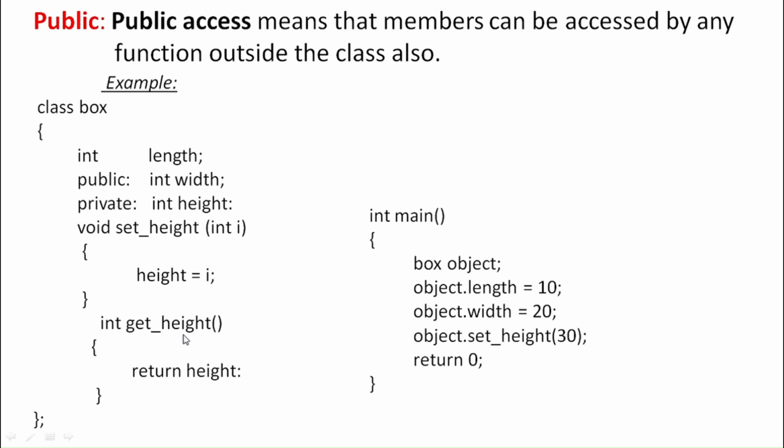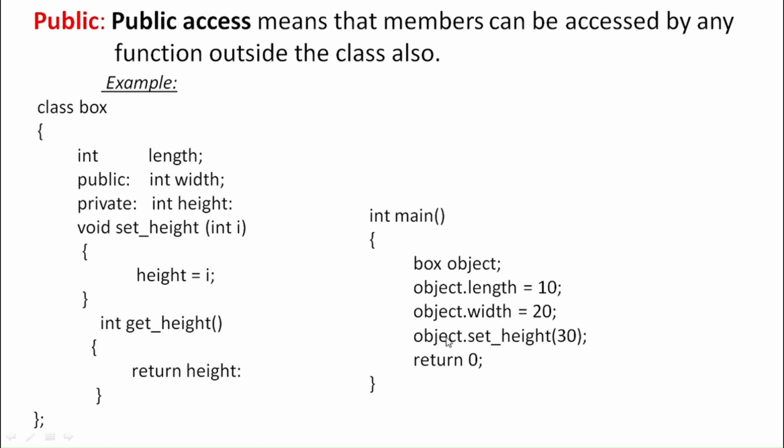Now observe how we access the public and private members. Here we have box, which is the class name, and an object called object. We will see what this object creation is all about in the next slide. But if we observe here, we can access the length and width directly with the help of an object, and we will pass the values.